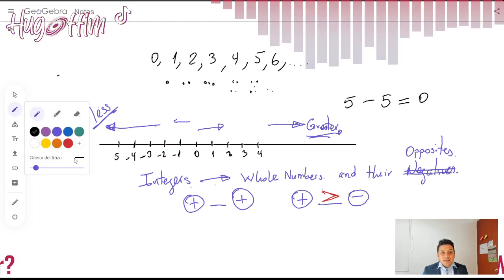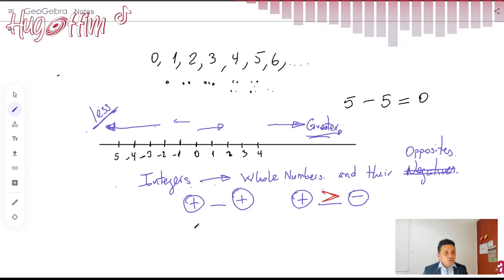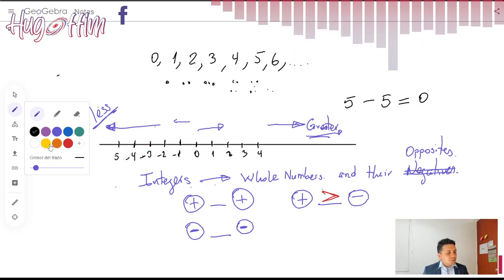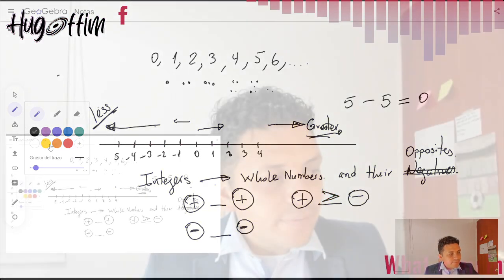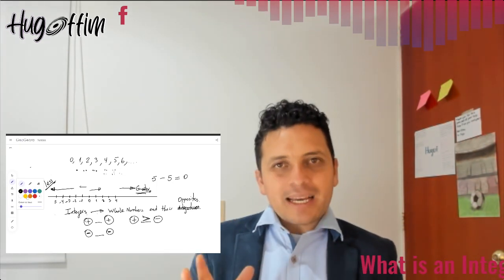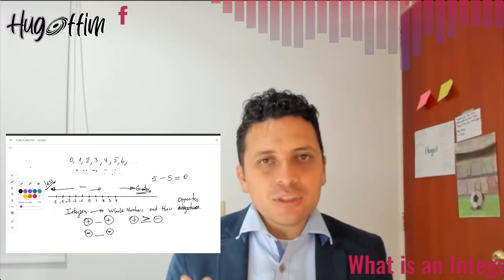And finally, we have to think of what happens if I want to compare two negative numbers. To compare two negative numbers, I'd like you to imagine this idea. What is the idea behind comparing two negative numbers?